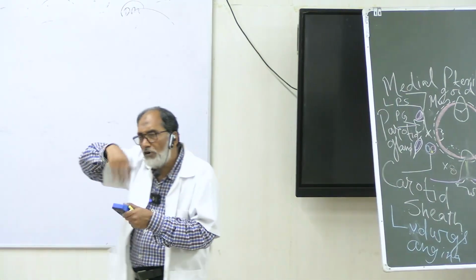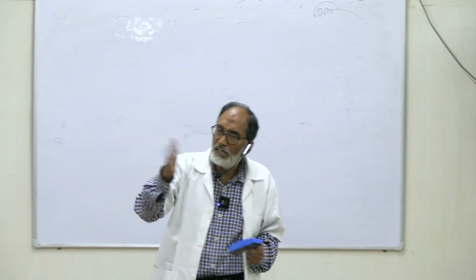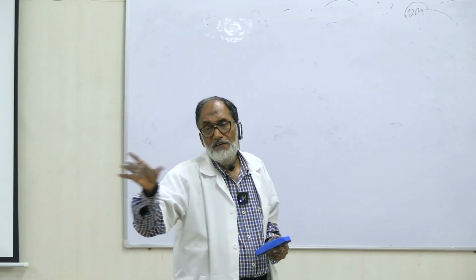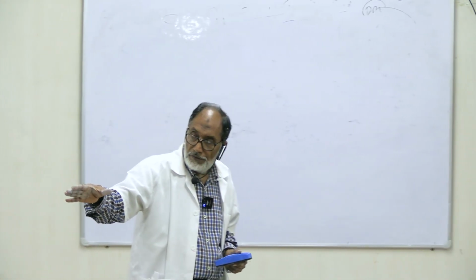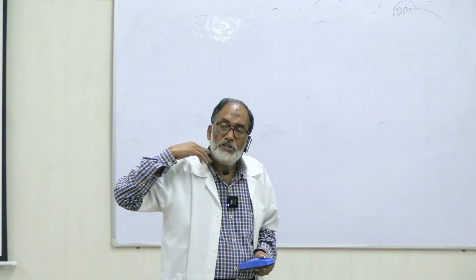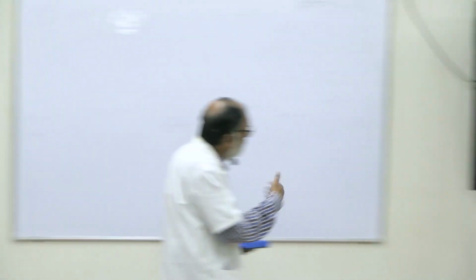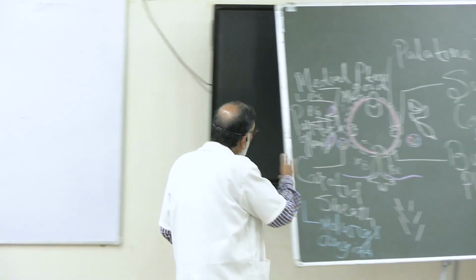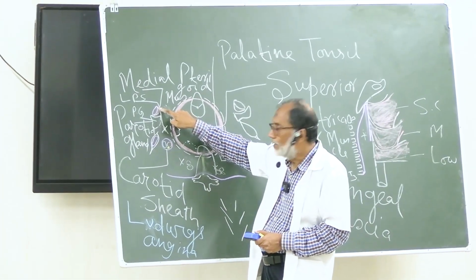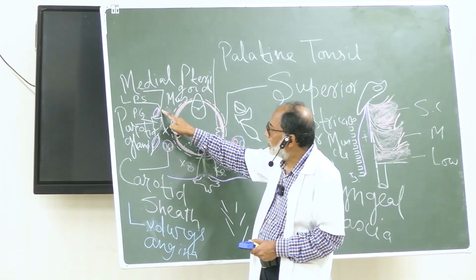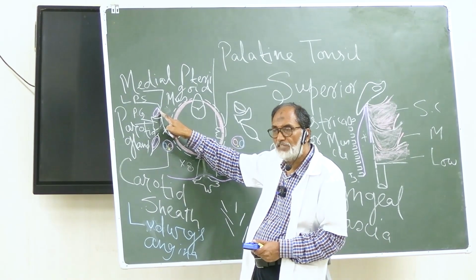In the pharynx, constrictor muscles are always outward. So if you don't remember all that, say the medial wall is formed by the pharyngeal wall, at the level of the tonsil. And laterally, anterolateral and posterolateral.